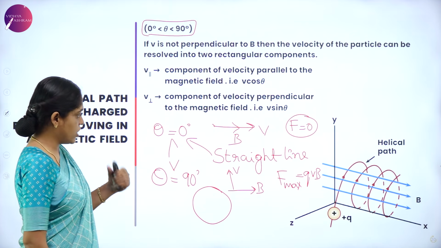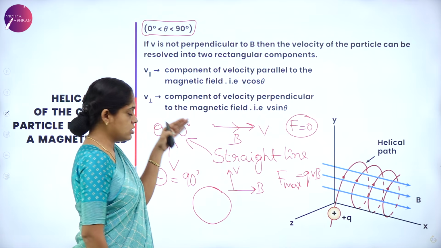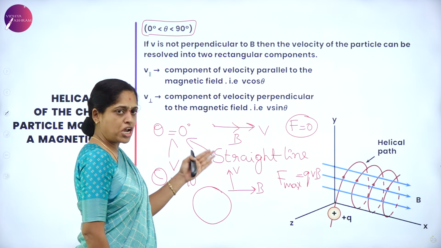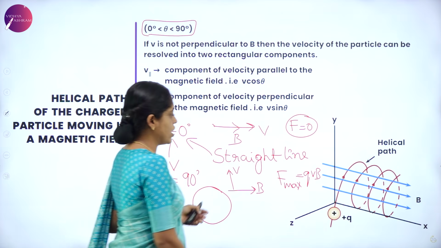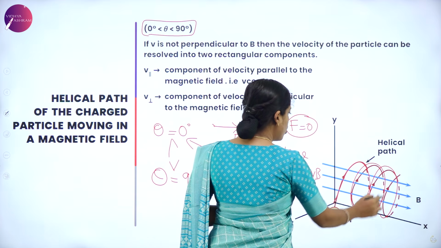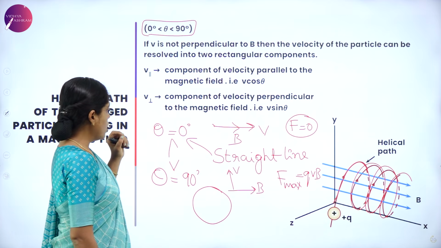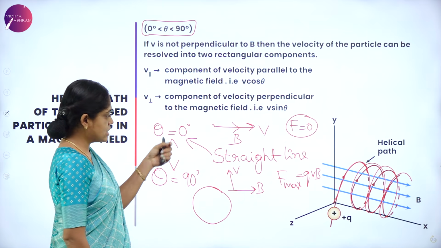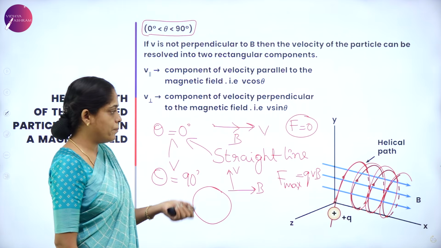This is the case where the charge follows both, so it has to move in a straight line and it has to rotate. When we combine these two, we have the helical path. So the path followed by the charge when it moves at an angle greater than 0 degree and less than 90 degree with the magnetic field is a helical path.